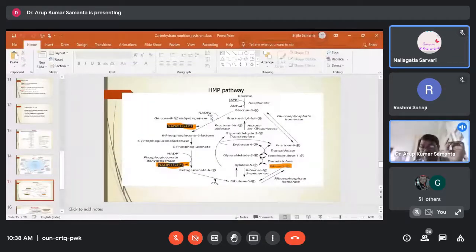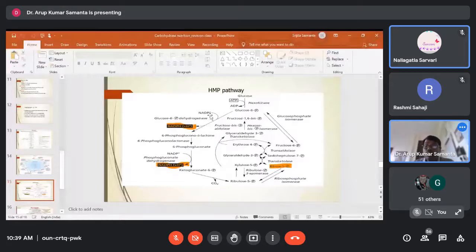You have studied it in biochemistry also. Here basically you are not going to get any ATP, but it is also a very important metabolic pathway. What is it required for? You don't need to remember the whole pathway, that may be required for your biochemistry, but for nutrition you have to remember the HMP pathway is required to produce two important metabolites.